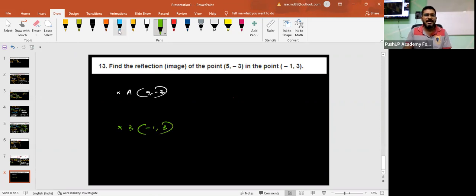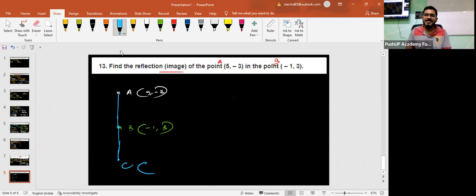They are asking us to find the reflection of the point A in the point B. So children, it's quite obvious, whatever is the distance from point A to point B, the same will be the distance from point B to point C. C is the image.